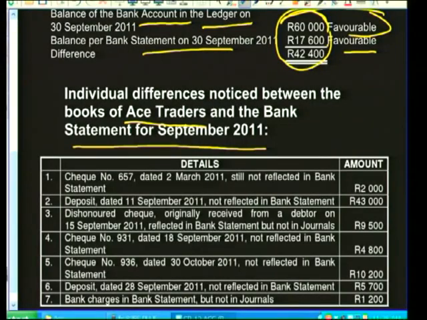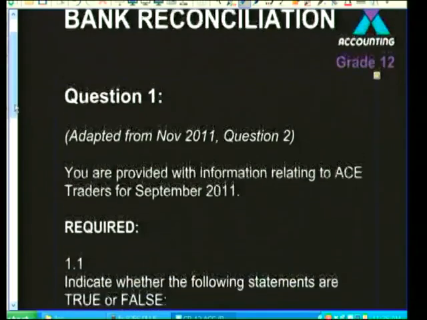In order to answer the questions that have been posed on this section. Right, so there's my differences. We're not going to deal with the differences now. We're going to look at the question and say, okay, this is what is expected of us, and this is how we're going to answer the question. Right, okay, so question 1.